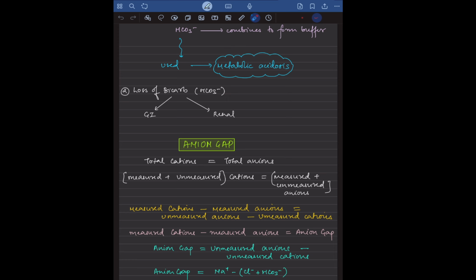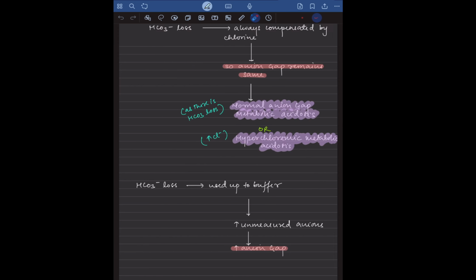Now when bicarb is being lost, which is an anion, the negative ion, there will always be a compensation provided by the chloride. So the anion gap remains the same. It could be a normal anion gap metabolic acidosis, where the chloride is increased, that is a hyperchloremic metabolic acidosis.